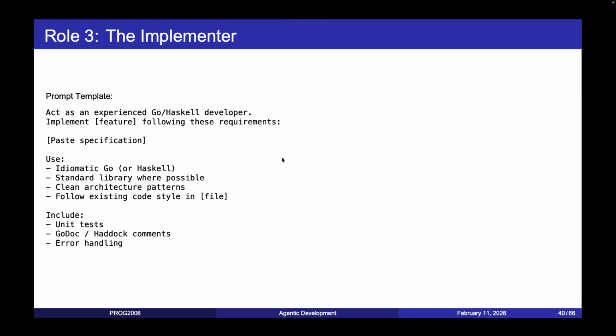So then you have the implementer. The implementer reads the specs, follows the architecture designs and everything, and then actually writes the code, right? So that's the implementation stage. And then you always need to say, use idiomatic code patterns, use clean coding, use the standard library wherever possible.